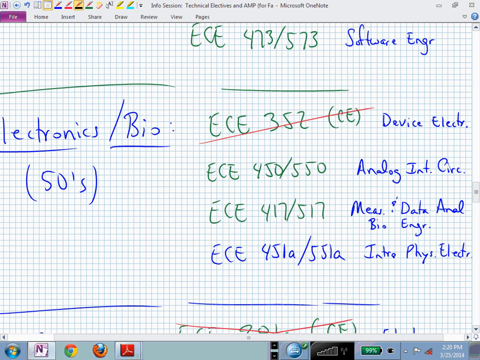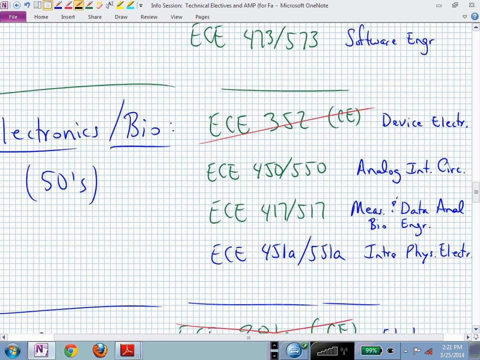450, 550 is another class that follows 304A. So if you like analog circuit design, then 450, 550 is the next class beyond 304A.